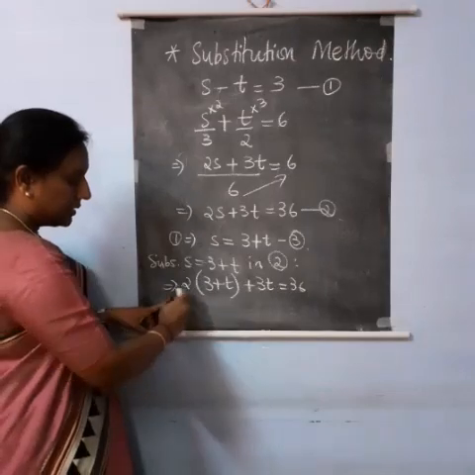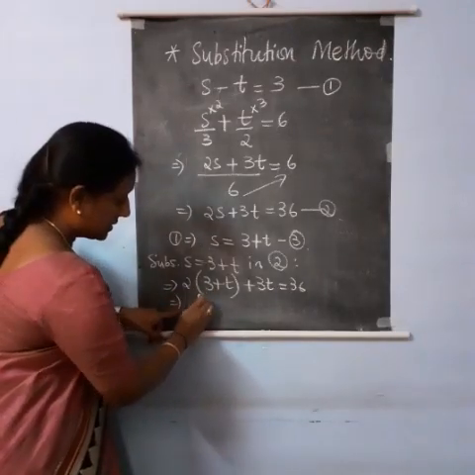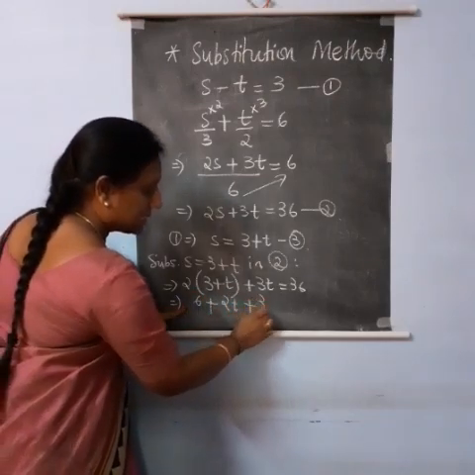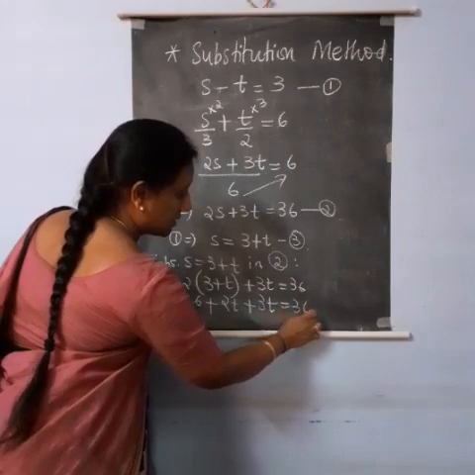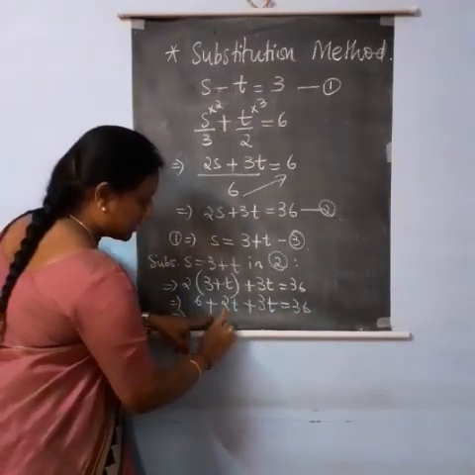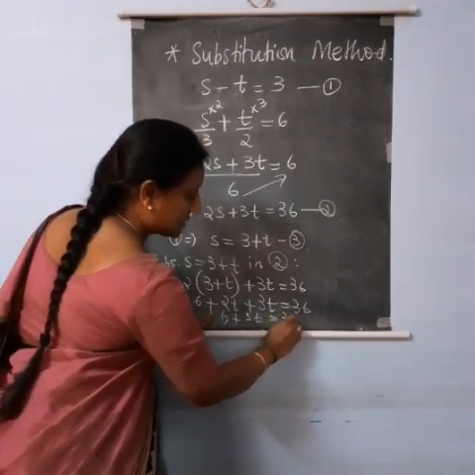Have you got it? Now distribute this value. What will you get? 2 3s are 6 plus 2t plus 3t equal to 36. Have you got it? So you get 6 plus 5t equal to 36.